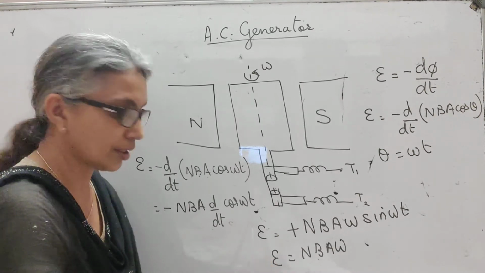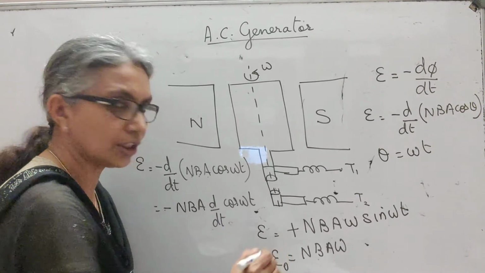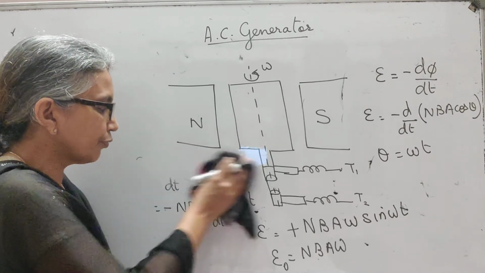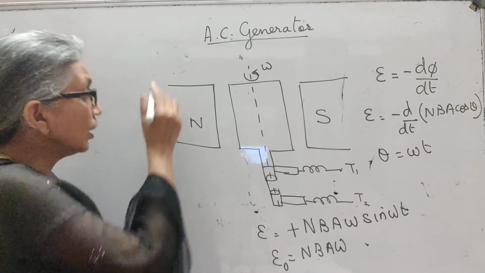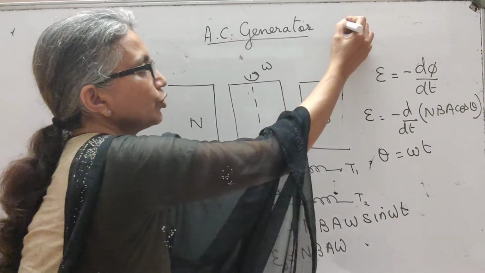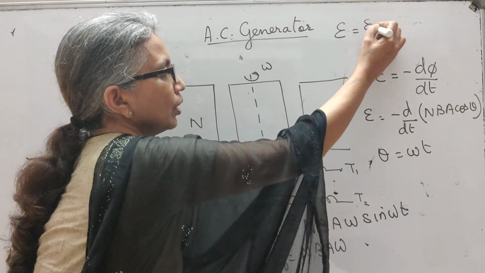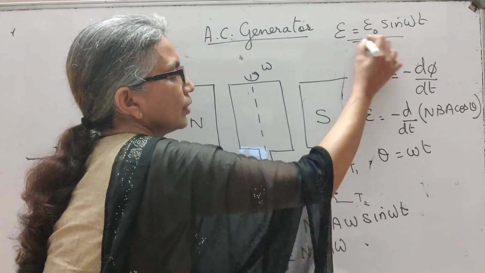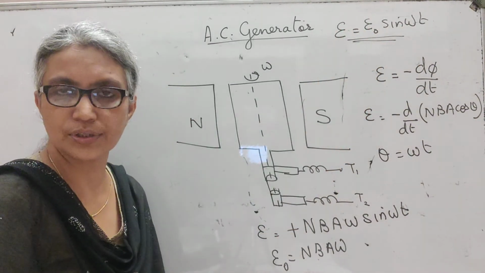So that's the maximum EMF, which I will denote as E naught. So I may write my final equation for EMF as E equal to E0 sin omega t, where E0 is the maximum value of the induced EMF.